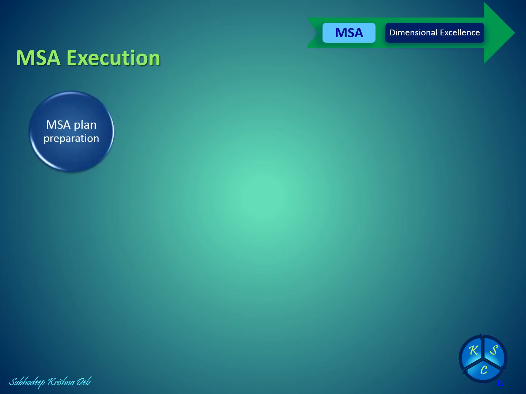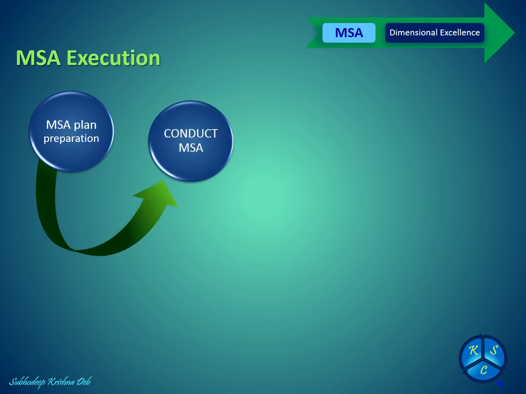After completing the plan, we have the MSA plan ready with us. We have our gauges ready. We have to collect the samples and select the appraisers, and finally conduct the MSA as per the plan.